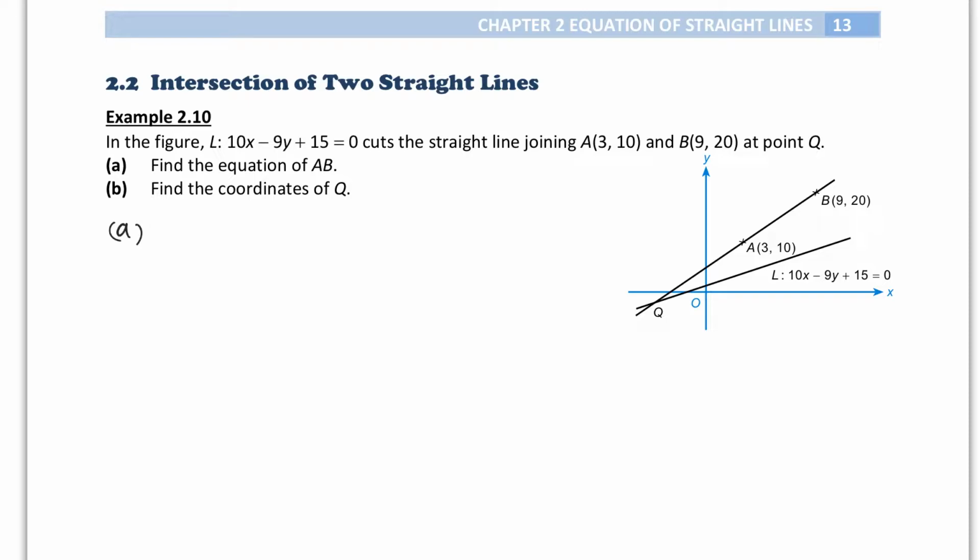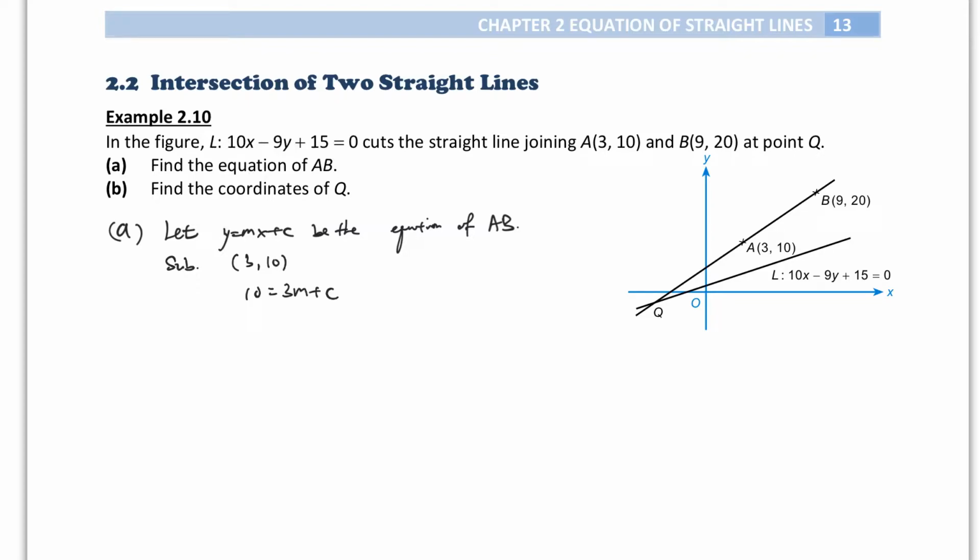So for part A, maybe you can let y equals mx plus c be the equation of AB. Substitute 3 and 10, so 10 is equal to 3m plus c.